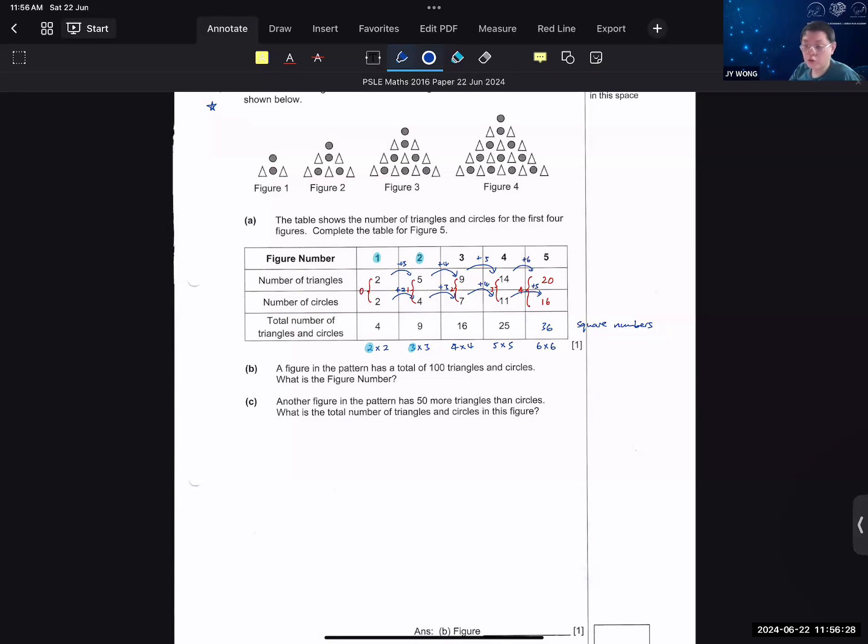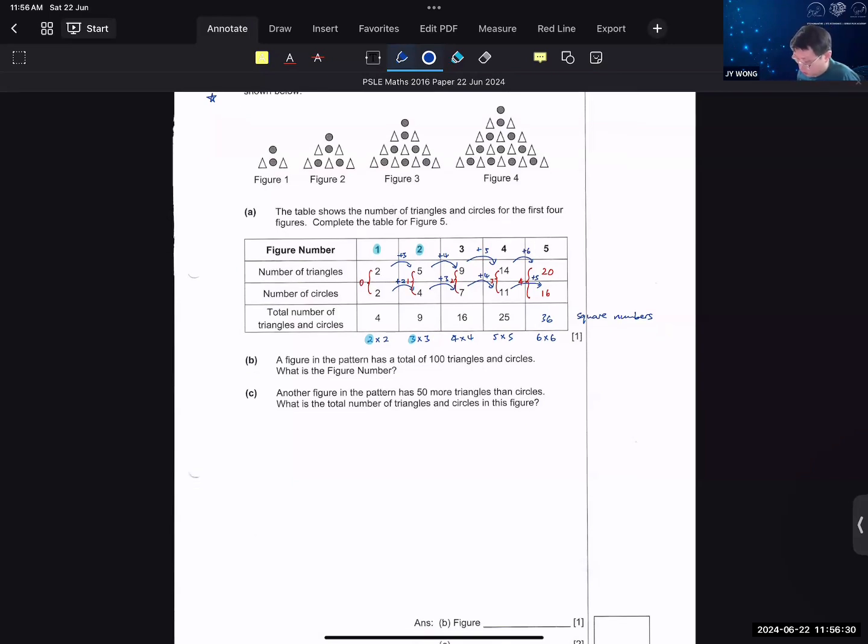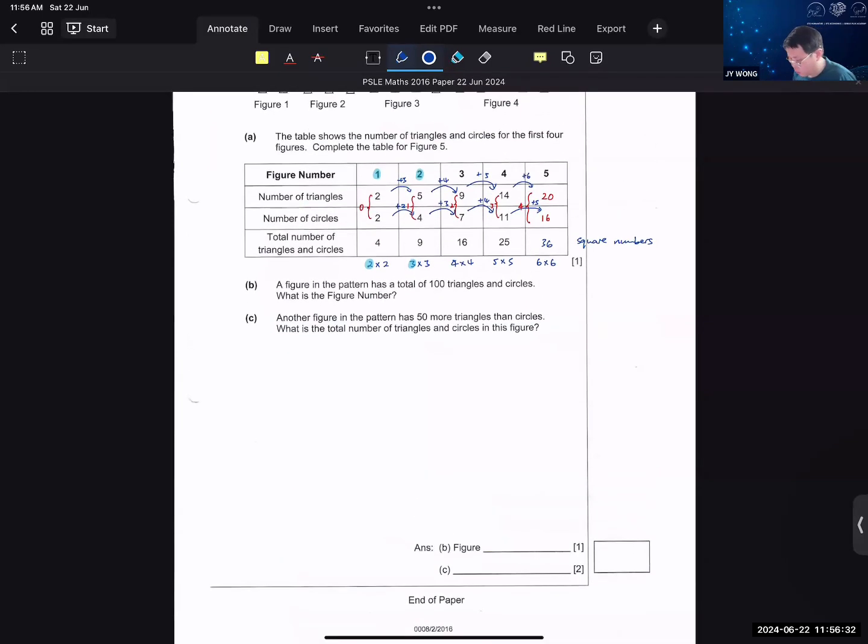It's not a brand new concept either. So part A, quite straightforward, 2016 and 36. Part B is 9, figure 9. And part C is 2704.